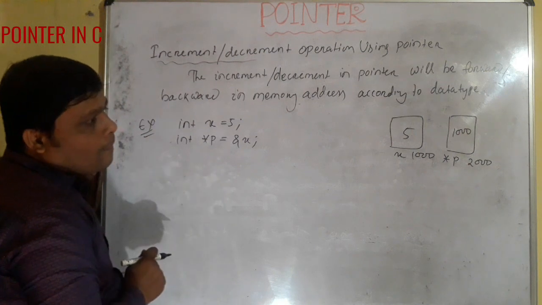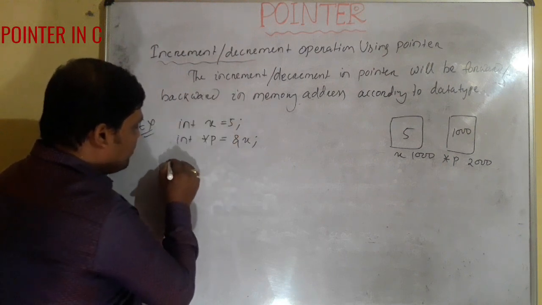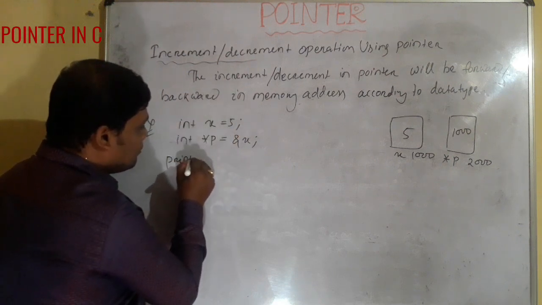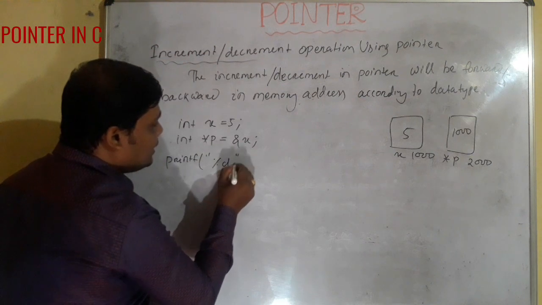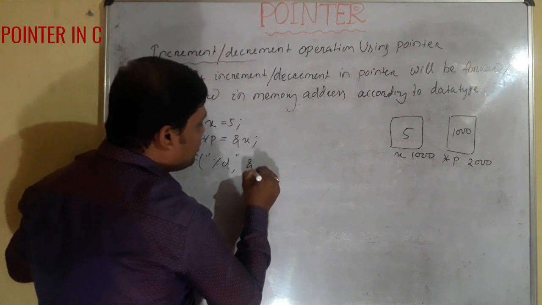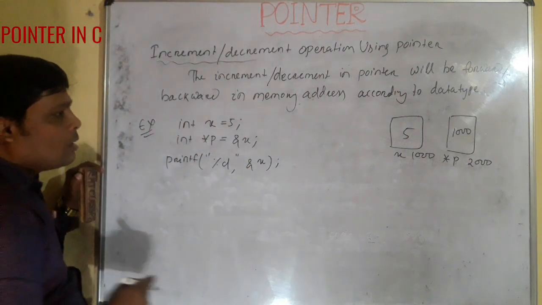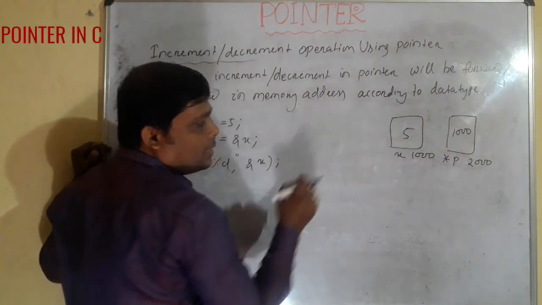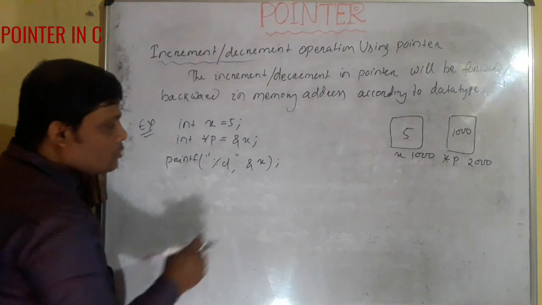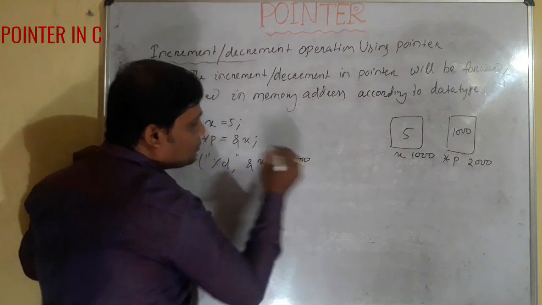Now see, if I write printf %d, then ampersand x, what will it print? Just see. For this example, as I have taken the address of x as 1000, it will print ampersand x is 1000.